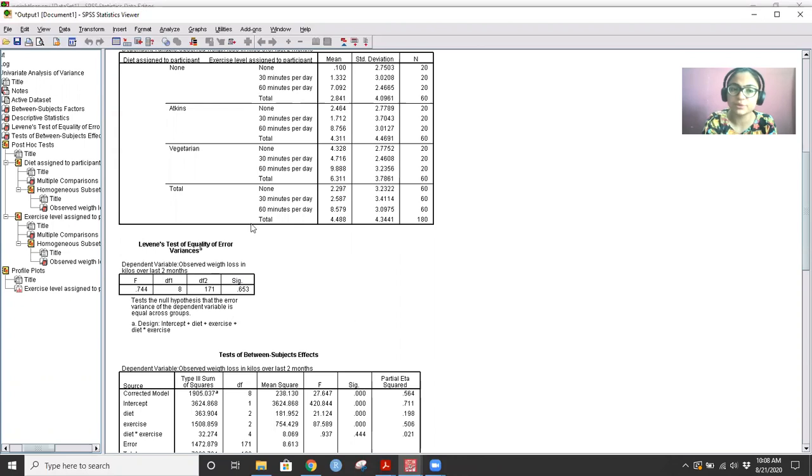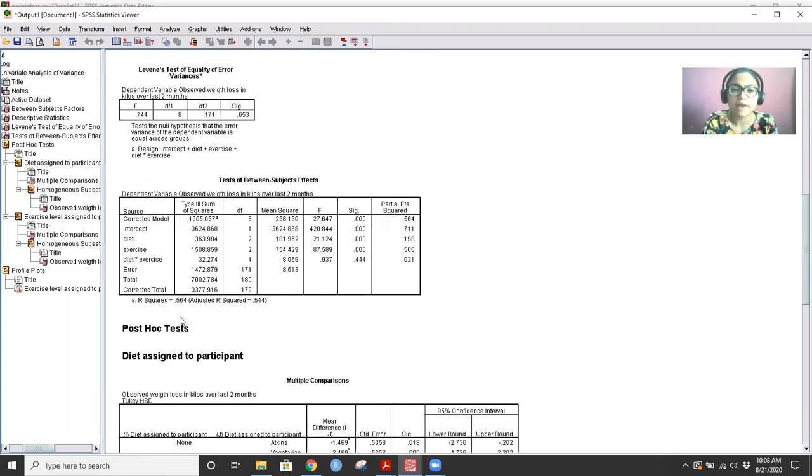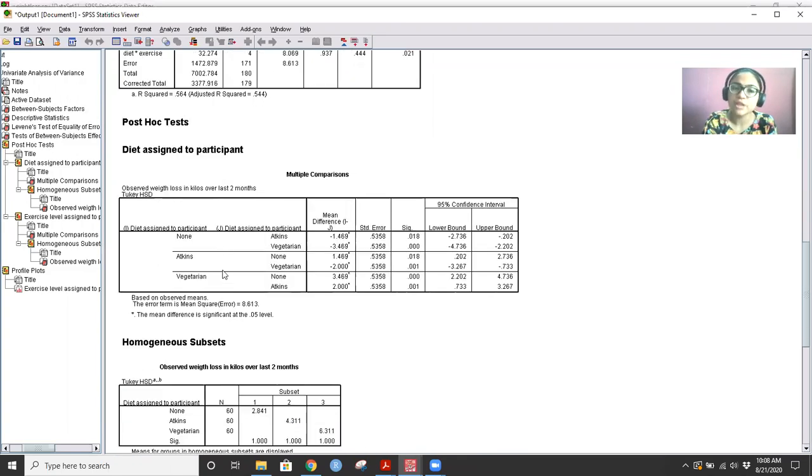And that was proved using Levene's test as the significance value, that is the p-value, is greater than alpha. So we were not able to reject the null of variance of the dependent variable being equal across groups. And then we have this table also interpreted. Today we're going to look at post hoc and the plots.